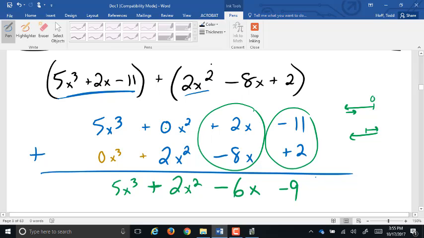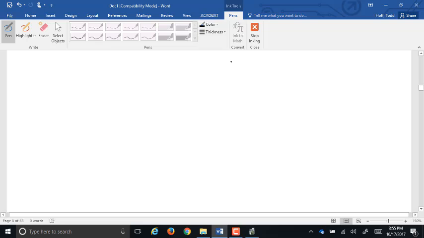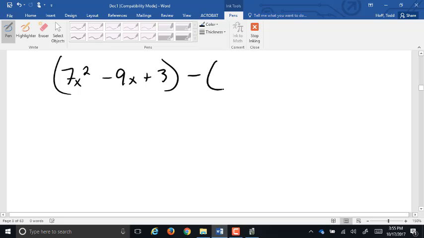Subtraction, remember, works the same way. We just have to be extremely careful with our negatives. We can have 7x squared minus 9x plus 3 minus 9x squared plus 2x minus 13.